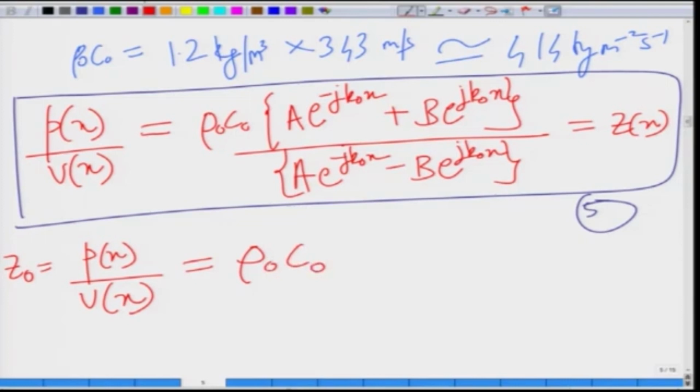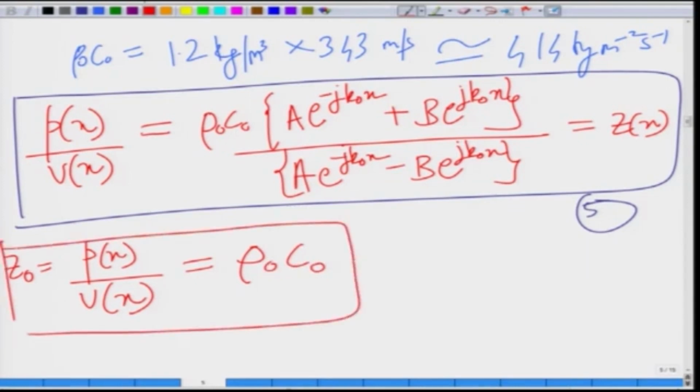So, this is the ratio of the acoustic pressure to the acoustic velocity of the forward propagating wave, that is a progressive wave, all right, and that is given by rho naught C naught, and the value is known.